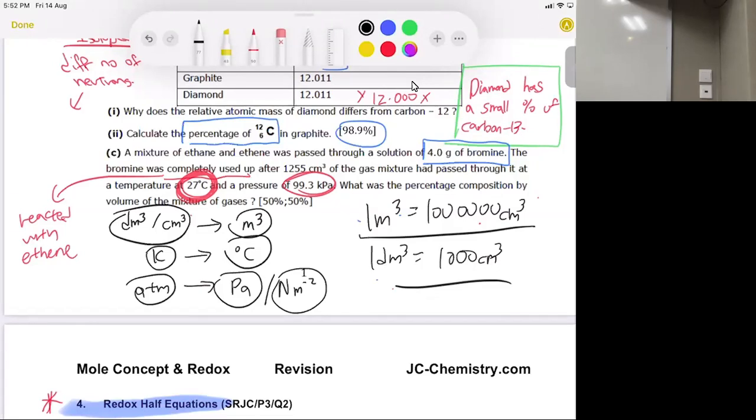Then this is the 18. Divide by the 1.55. That's the answer already. Because your 628 is the 18, you are on the right track. Then you divide by the total, which is 1255. The 1255 consists of both gases.